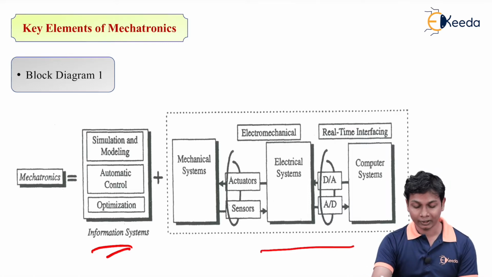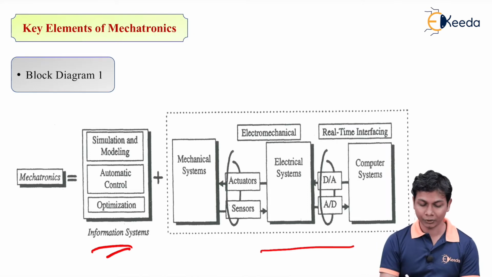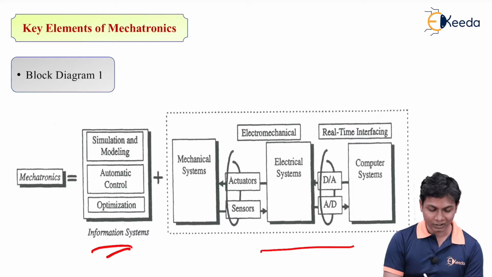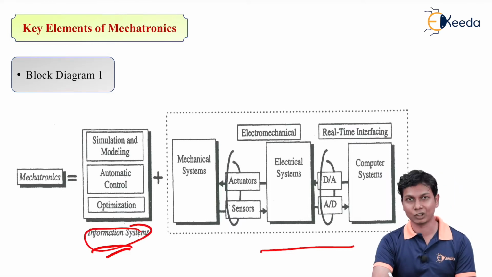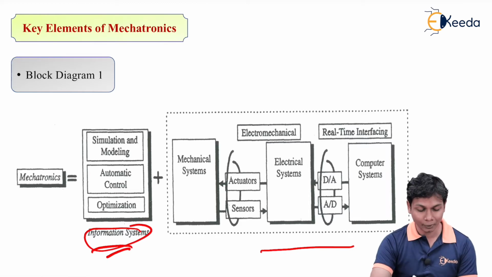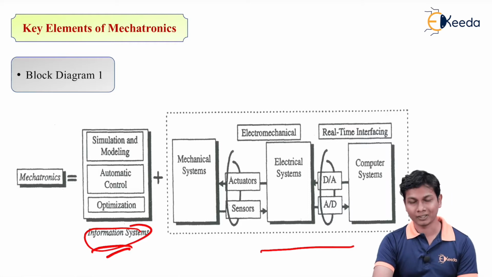Real time interfacing with the electromechanical parts is combined with the information systems. The information systems include three parts also. That is the simulation and modeling, automatic control and optimization.